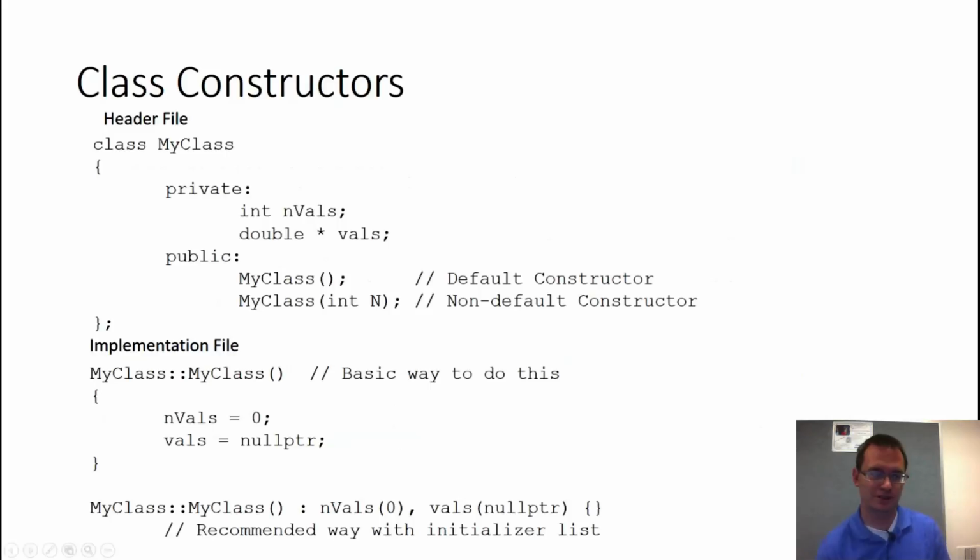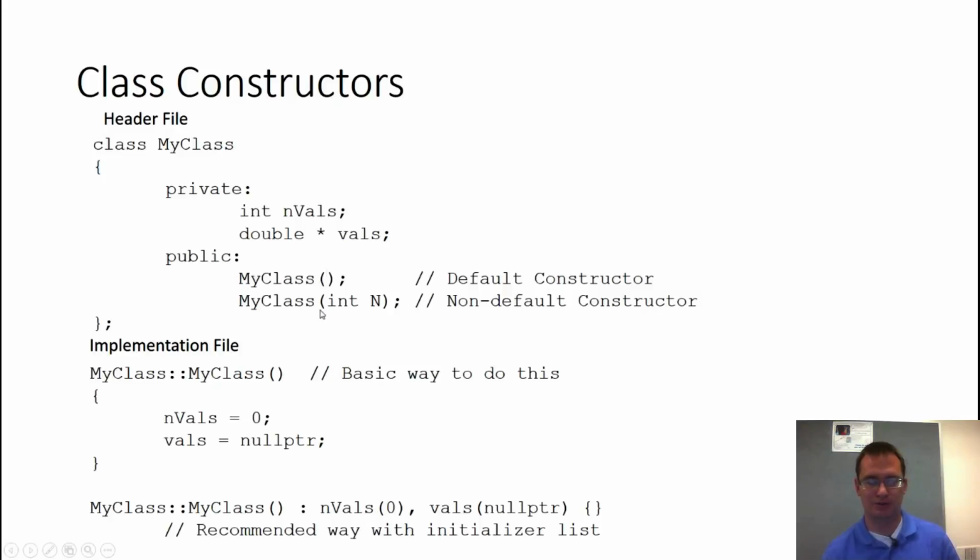So here's my dumb little example. Here's what we have in our header file. We're going to declare a class, we're calling it my class. It has two private variables, a number of values, and then a pointer to those values. And we have a default constructor, which takes no arguments.